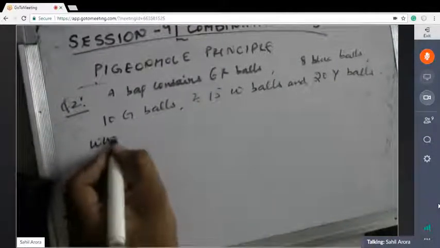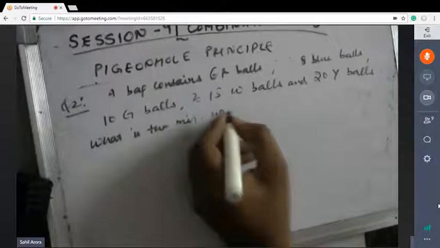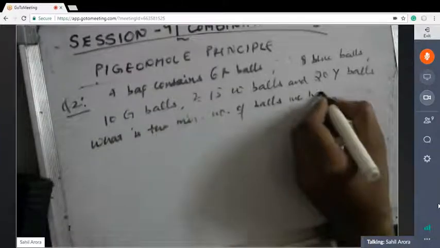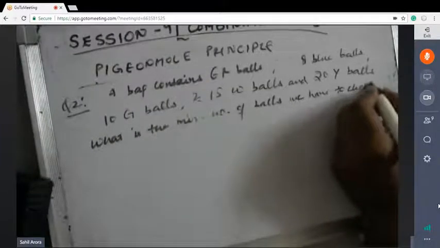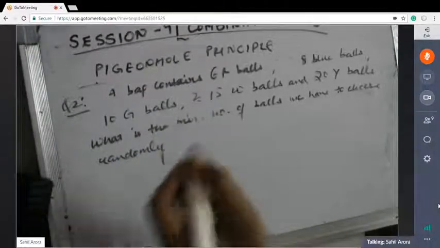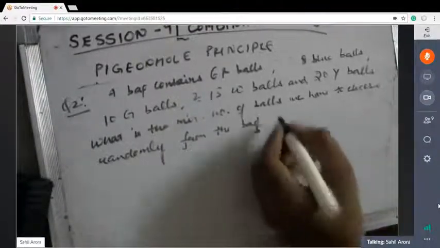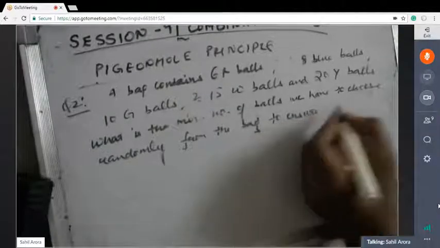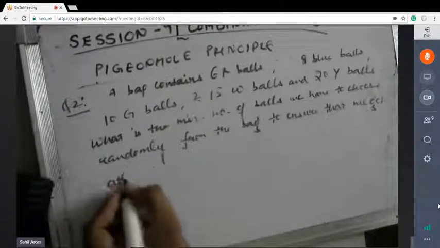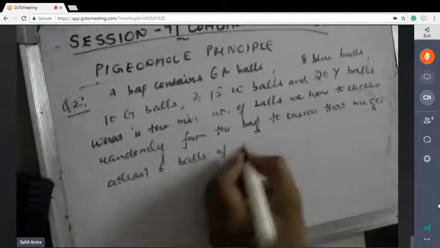Question is, what is the minimum number of balls we have to choose randomly from the bag to ensure that we get at least 6 balls of the same color?